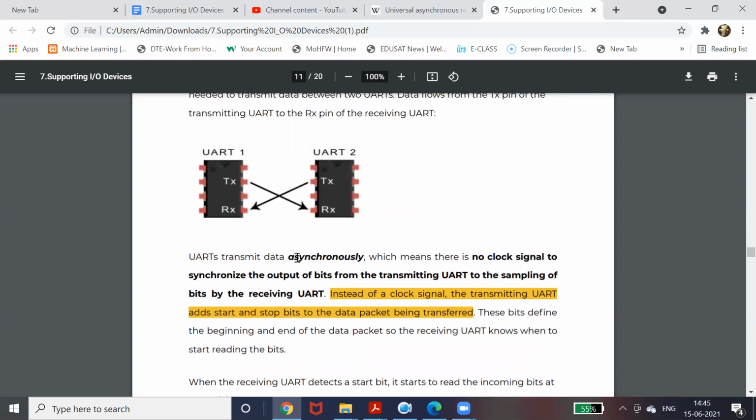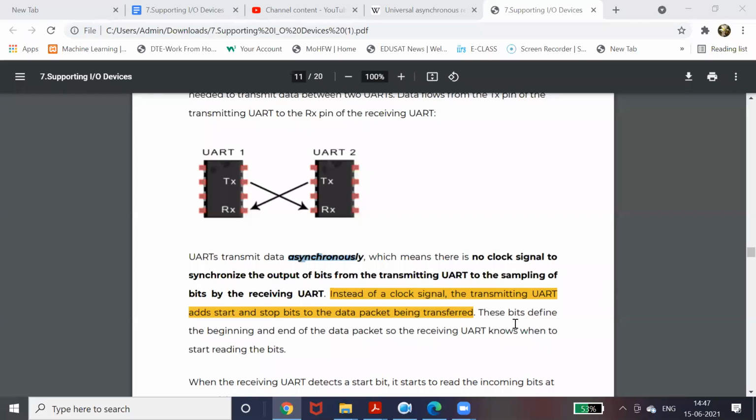What is asynchronous? There are two ways you can communicate, synchronously or asynchronously. Asynchronous means it is not using the clock. We were talking about the UART transmitting data asynchronously.